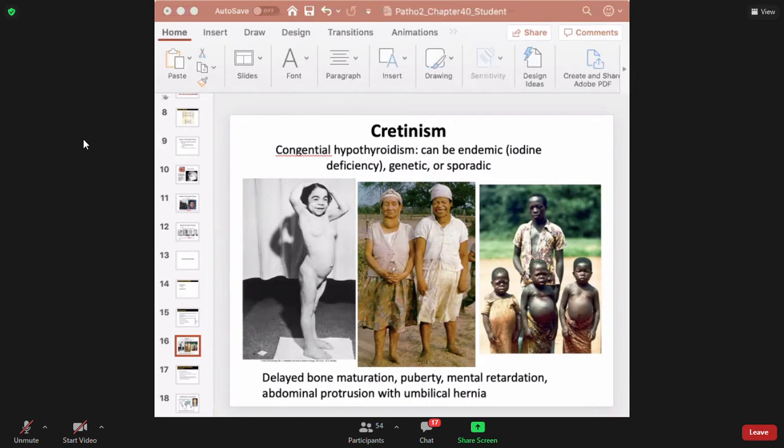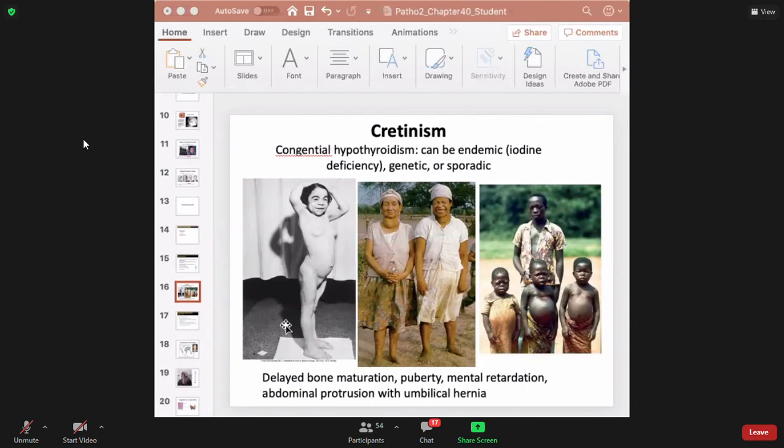Okay, it could be sporadic or genetic, but either way, because the thyroid hormone is essential for normal central nervous system development, mental retardation is one of the number one clinical manifestations, and you need to replace the hormone therapy as soon as possible, or severe mental retardation will kick in for these individuals.